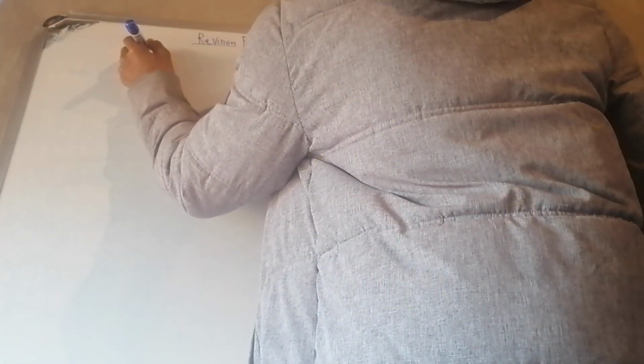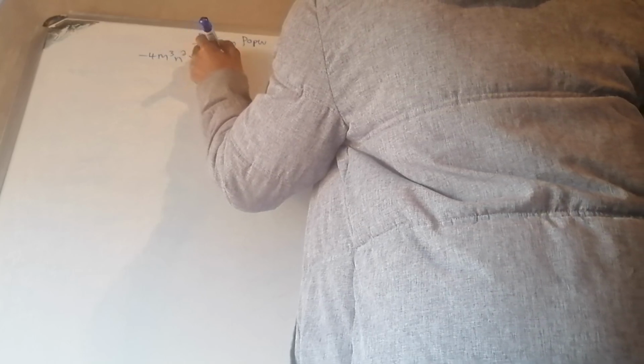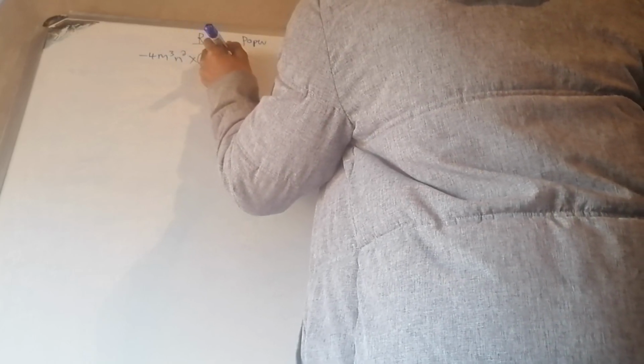We are given negative 4 m3 n squared times negative 3 m4 n3.